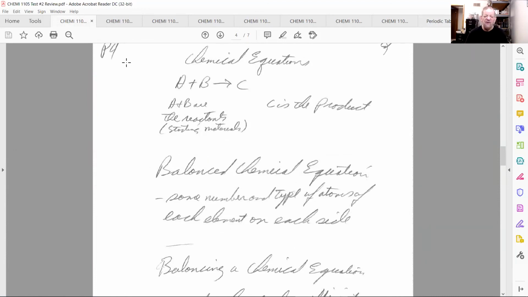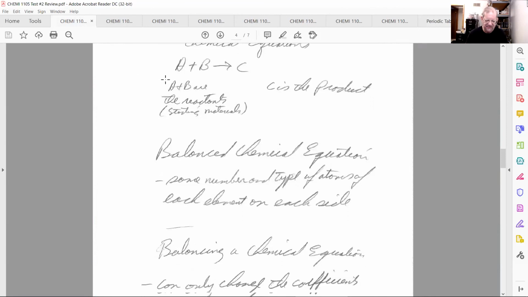Now, because of the law of conservation of mass, on each side of the arrow you have to have the same number and same type of atoms of each element. You never create or destroy matter in a chemical reaction. And we call that balancing a chemical reaction.